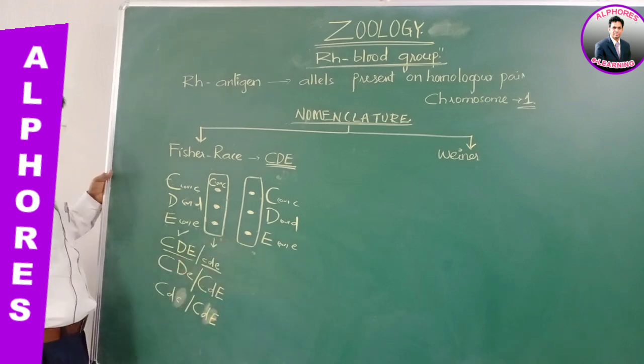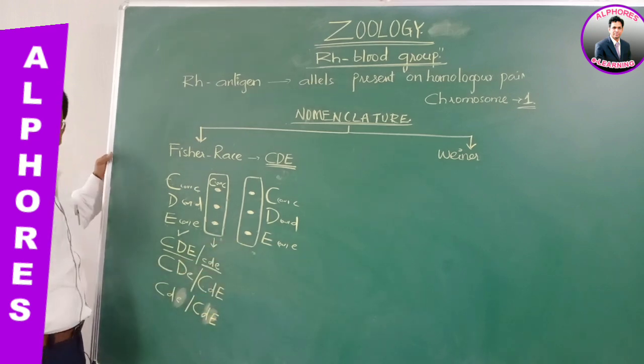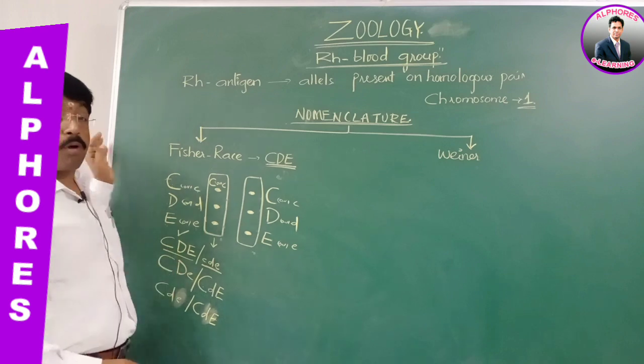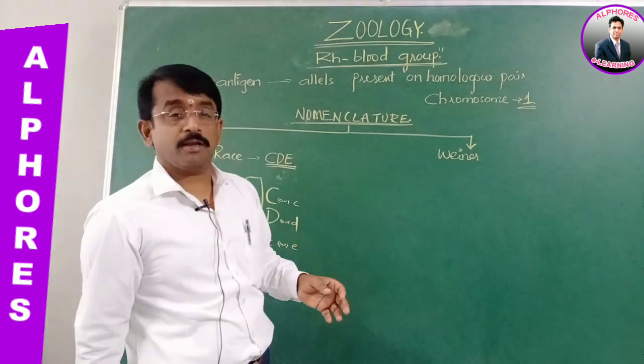Like this also you can see. So these are all the probabilities that exist.